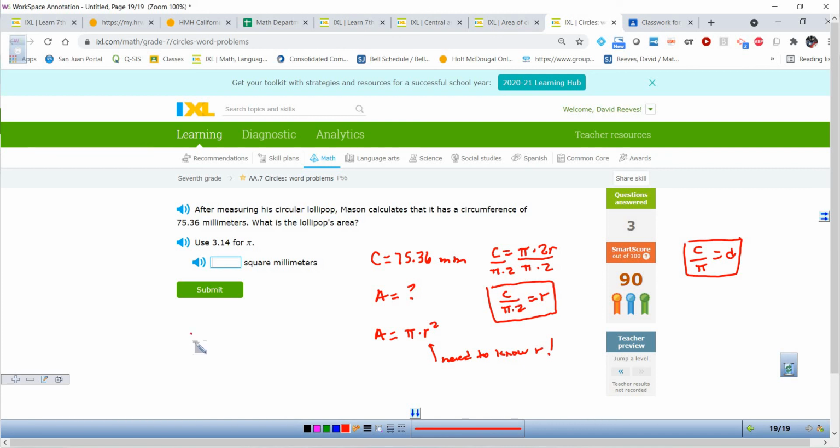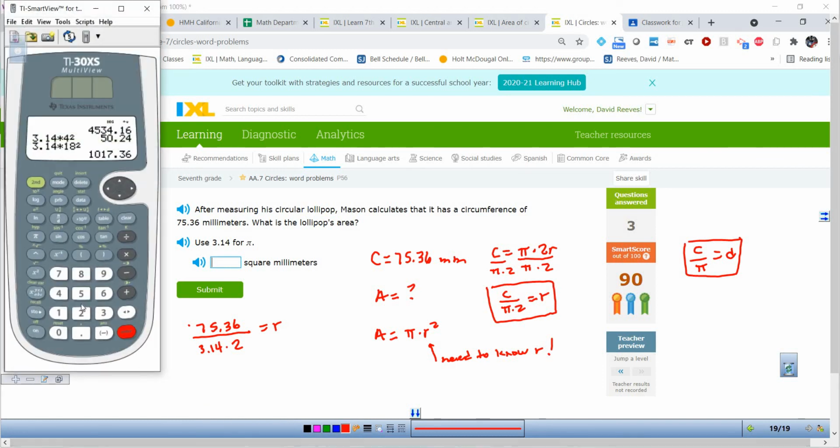So my circumference is 75.36. I'm going to divide that by pi, which is 3.14 for our purposes, times 2, and that will give me my radius. Okay, so I'm going to go to my handy dandy calculator. I'm going to clear out everything we've done.